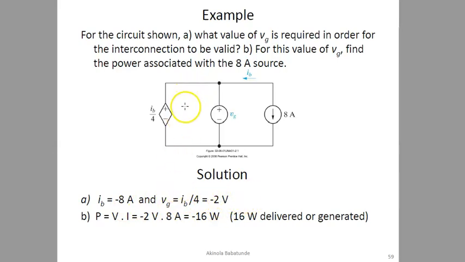Then the power associated with the 8 ampere source will be equal to current times voltage. The current is 8 amperes, and the voltage seen by this current is -2 volts because VG is -2. So we have -2 multiplied by 8, and that would give us -16 watts.